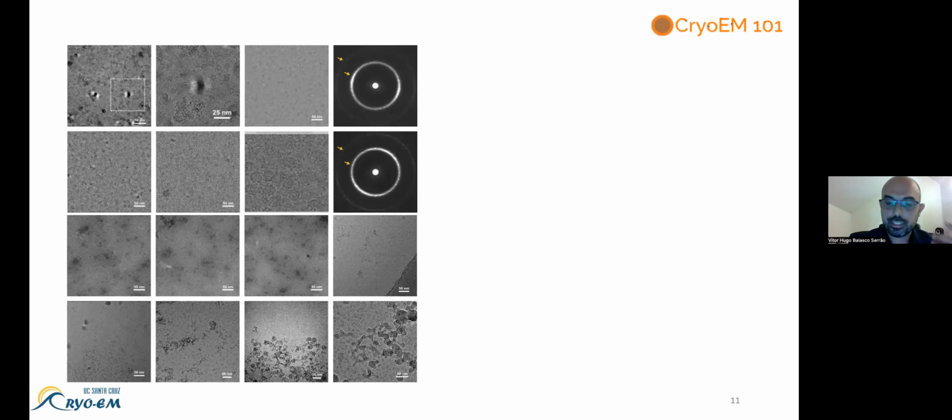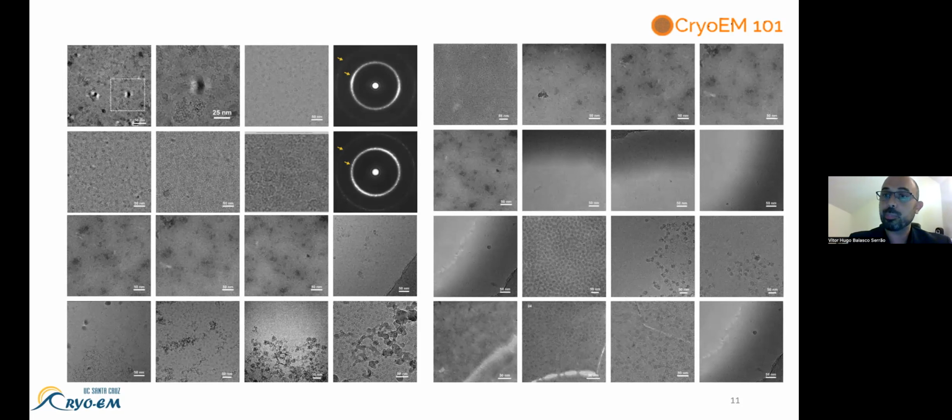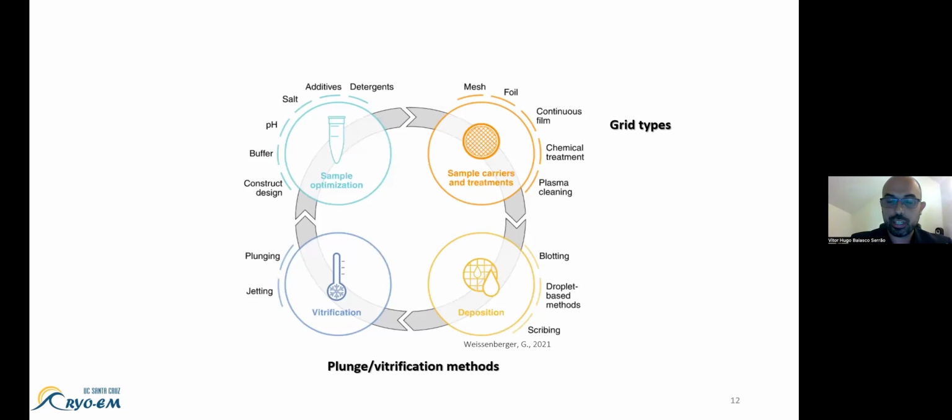And this takes time to actually improve your sample preparation, your grid preparation, to be ready for a high resolution data collection. This requires testing of several parameters, such as grid types, different hole sizes, whether you like gold substrate or carbon substrate, an extra film of carbon, how your sample distribution is going to be, the deposition methods, such as Leica, Vitrobot, one-side blotting, double-side blotting, or many other things, and certainly sample optimization, which requires sample biochemistry.